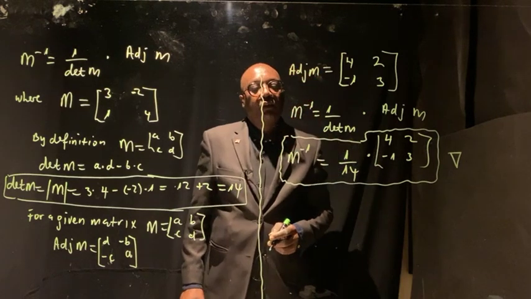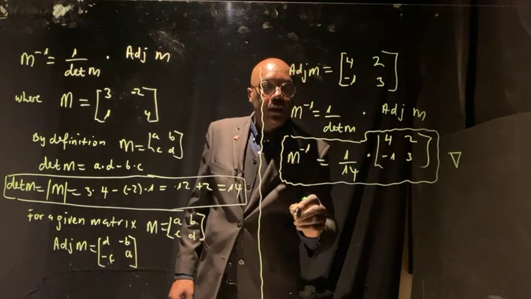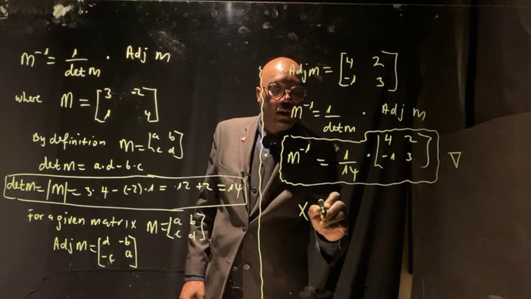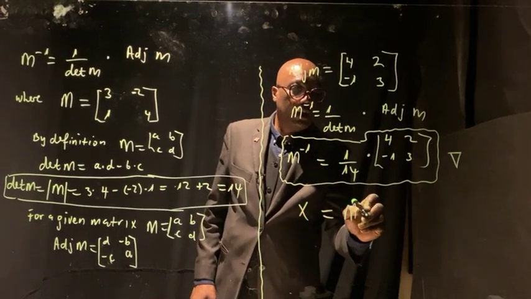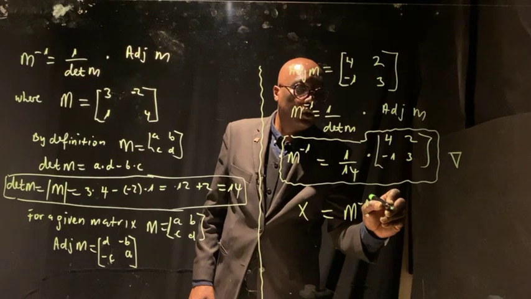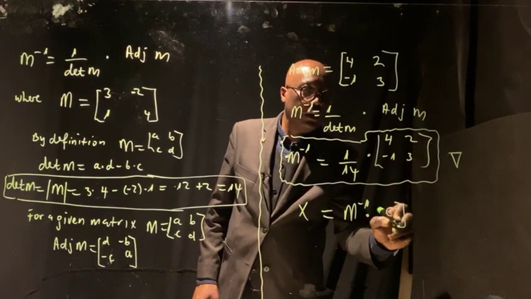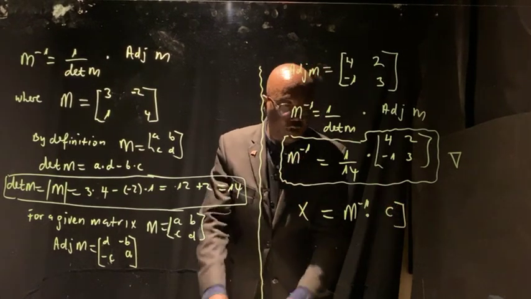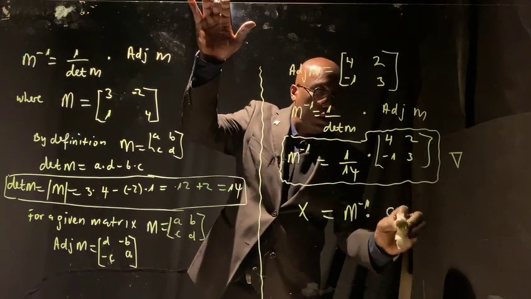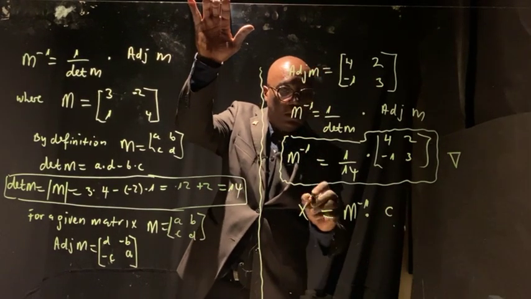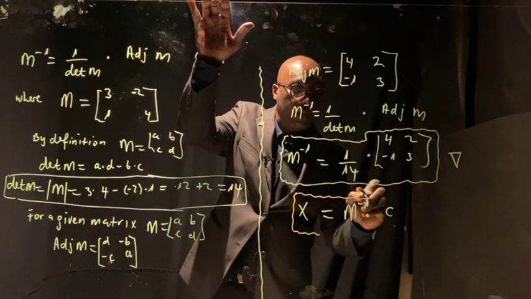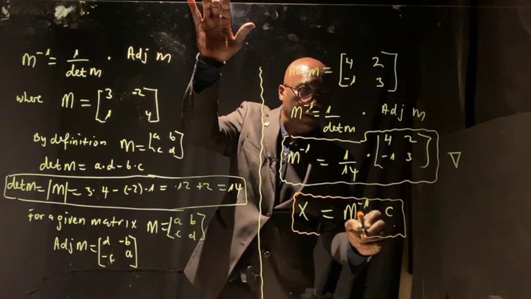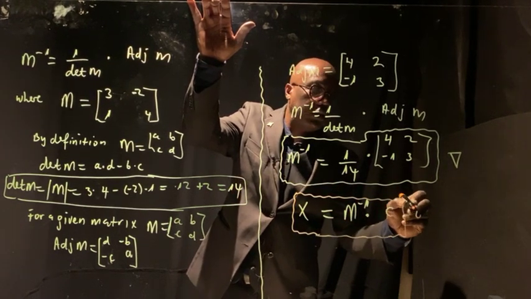Remember that previously we said that X equals the inverse of M multiplied by C. Don't forget that. Very good. Maybe you will call it equation tau.